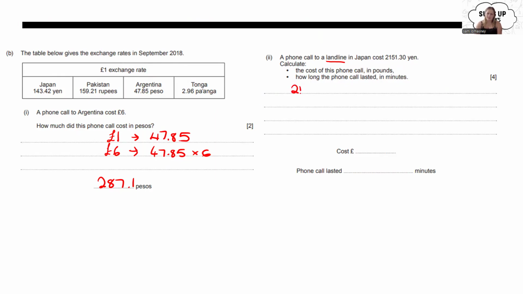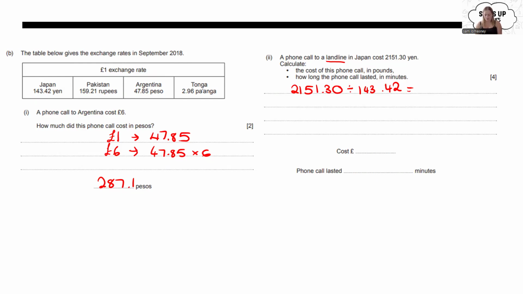Right, so the first thing I'm going to do is write 2130, and I'm going to convert that back into pounds because it's not going to be good to me in yen. So when you're working backwards, you actually just divide it by the yen that is on the exchange rate. So this exchange rate right here, we're going to be dividing by 143.42. I don't feel like this is going to give us a nice number at all.